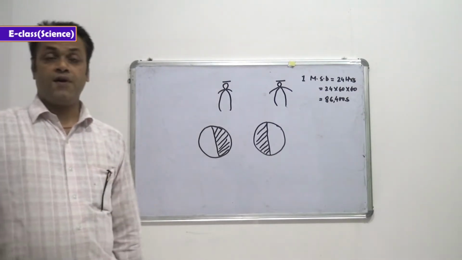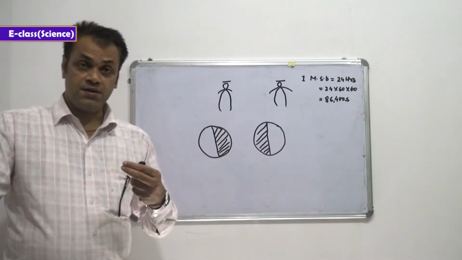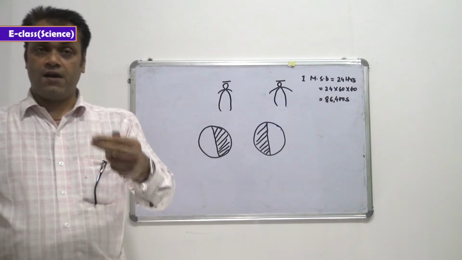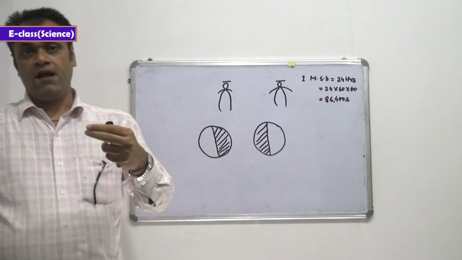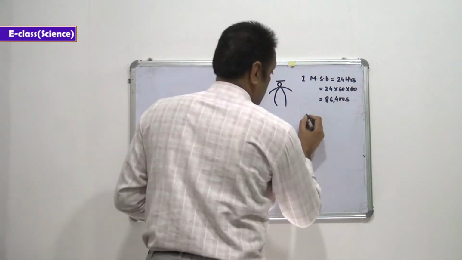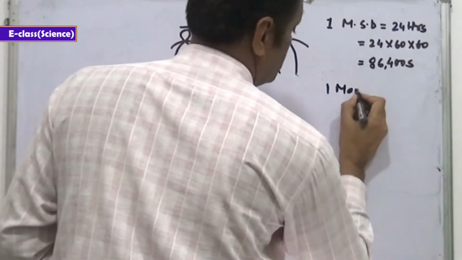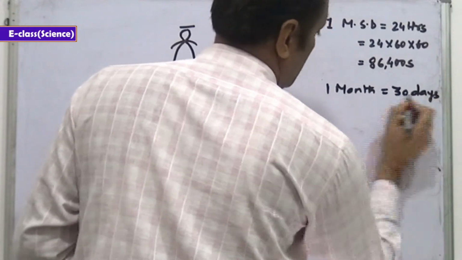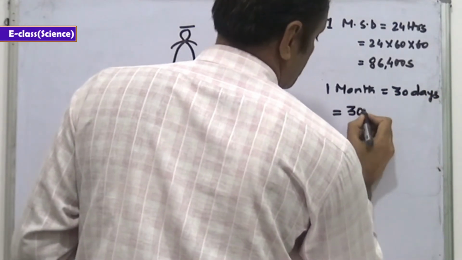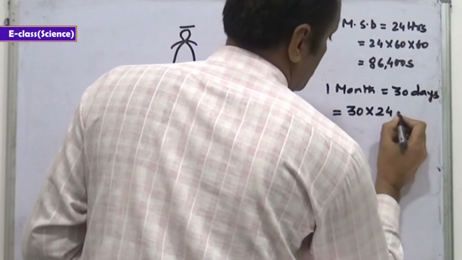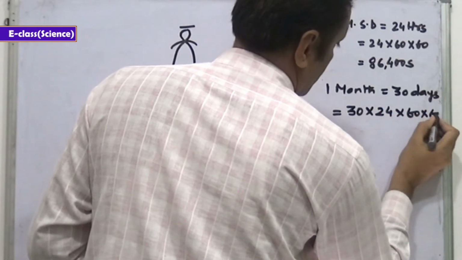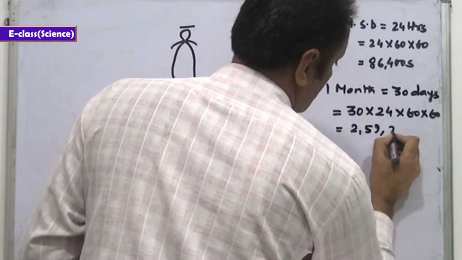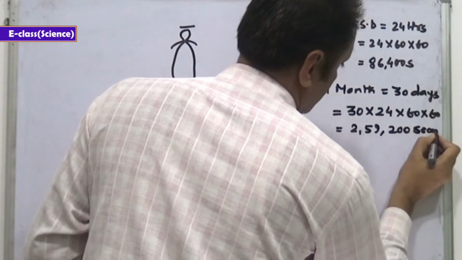Now I am going to define 1 month. The time taken by the moon to complete one revolution around the earth, that we call 1 month, equal to 30 days. 30 days multiplied by 24 into 60 into 60 becomes 2,59,200 seconds.